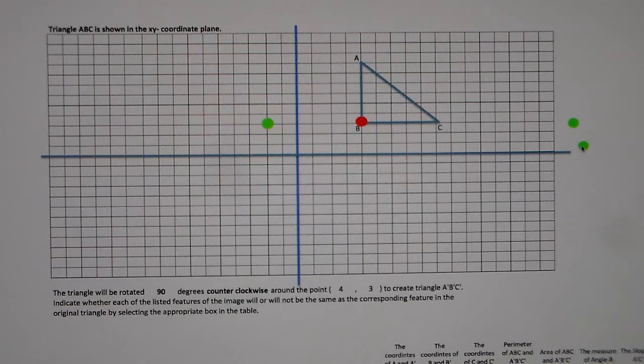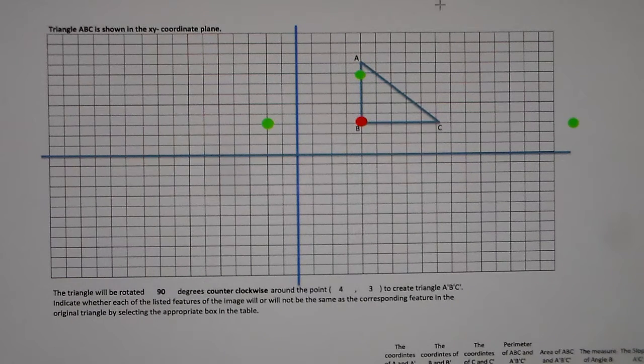Now C was east of B. So it's 1, 2, 3, 4, 5 to the right. So 5 boxes east. So if we do a rotation of 90 degrees, we go east to north. So this is now 1, 2, 3, 4, 5.